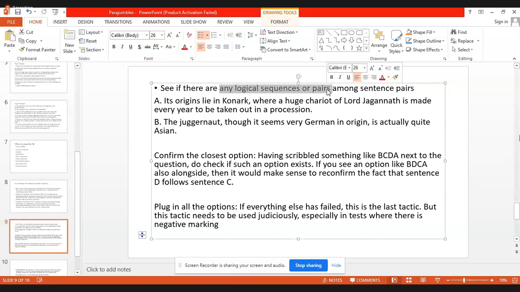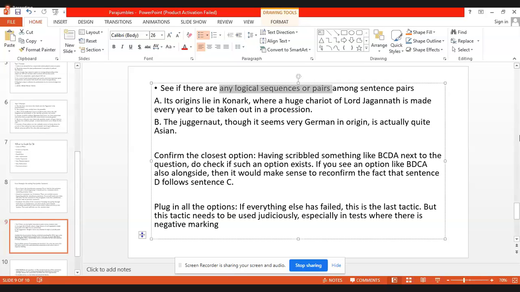Students, and if nothing strikes you, for example, you try solving the question and you're not able to decode it, then as a last option, you can plug in all the options, right? If everything else has failed, this is the last tactic, that you plug in all the options. So you read in the order of alphabets as given in different answer options, right?